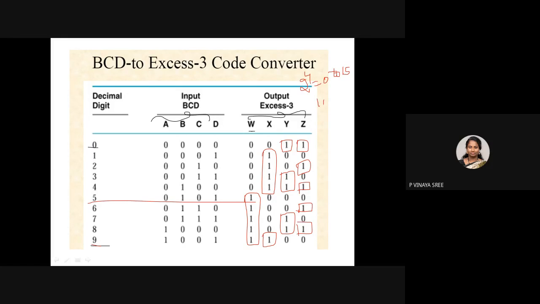If you represent 10, 11, 12, 13, 14, 15 with 4 bits as 1010, 1011, 1100, it becomes invalid BCD.